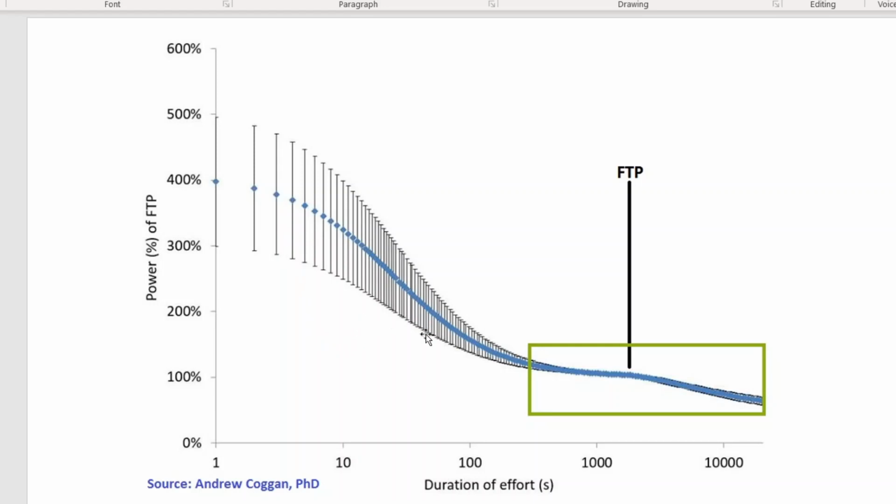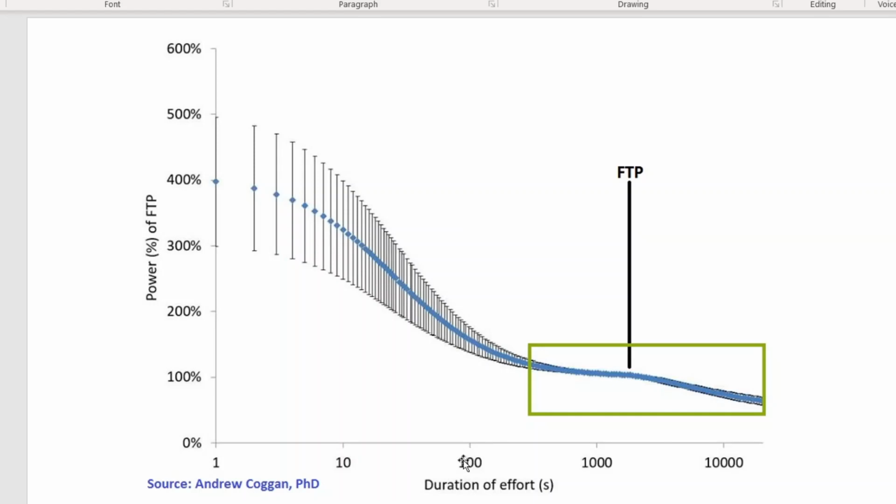So for those shorter duration efforts, it becomes more prudent to individualize your power targets based on your power duration curve, your model. And this really, in my experience, starts happening as you start getting beyond about 105% or more. It starts happening up in here.